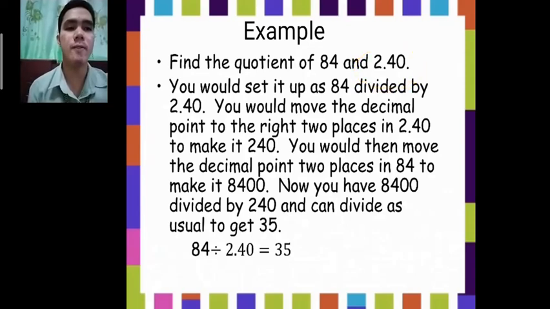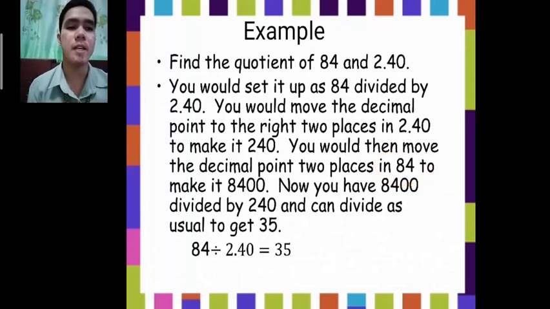So 2.40, if we move the decimal point to the right to make it a whole number, 1, 2, it will become 240. Now you would then move the decimal point 2 places in 84.